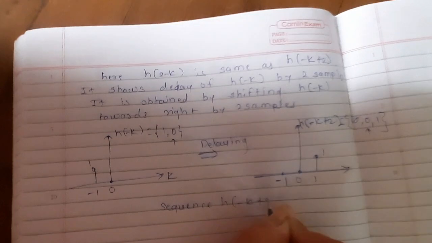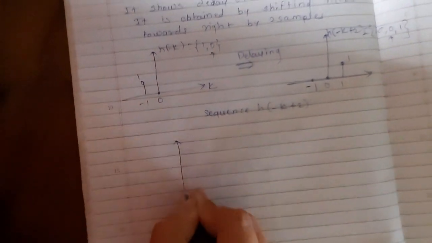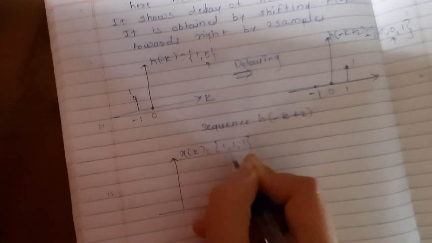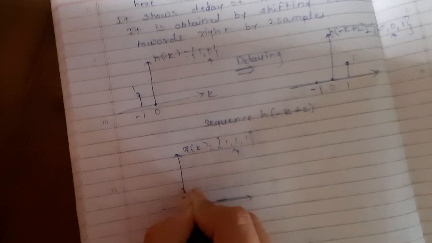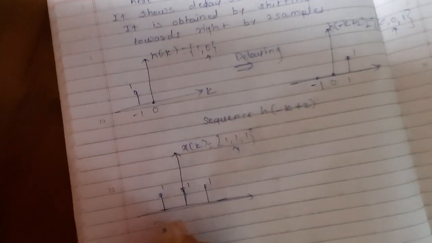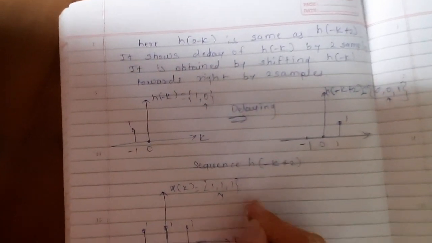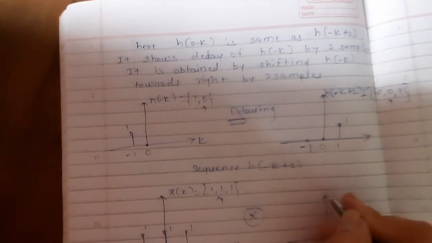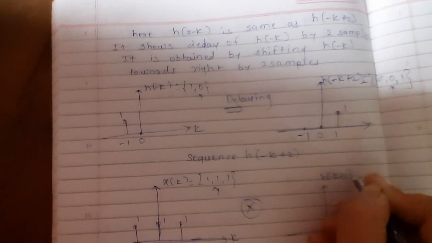Now we have to multiply both of these. So x of k is 1 1 1, multiplied by h of minus k plus 2, that is 0 0 1.